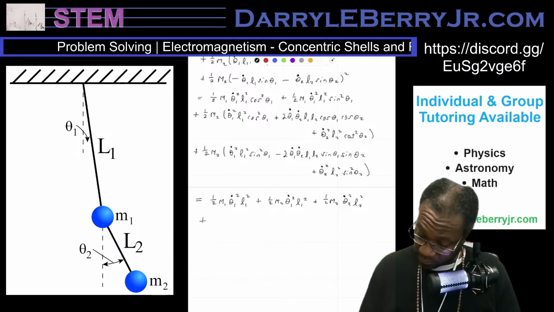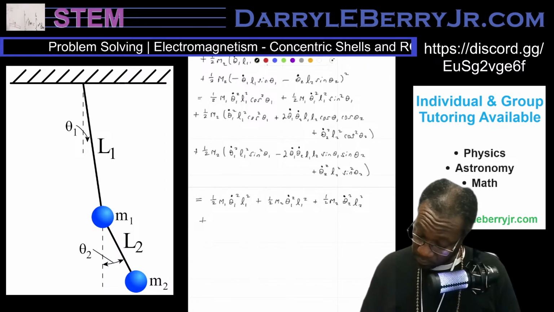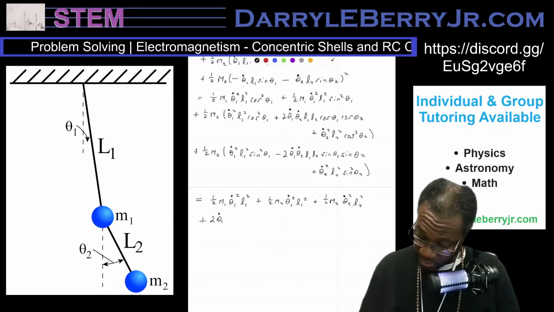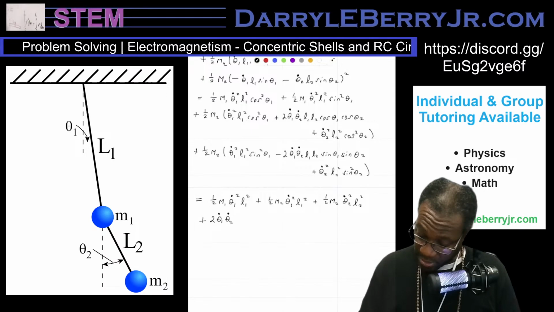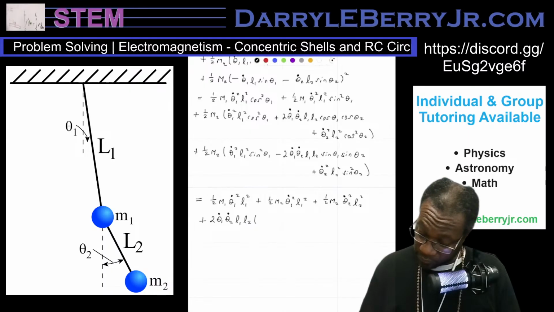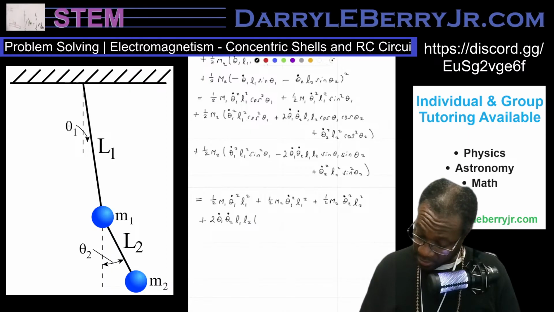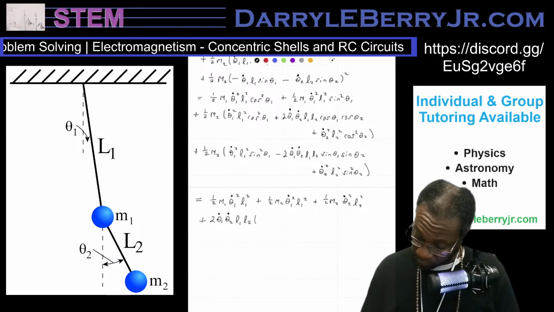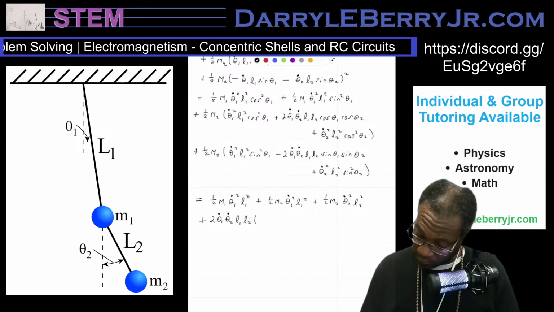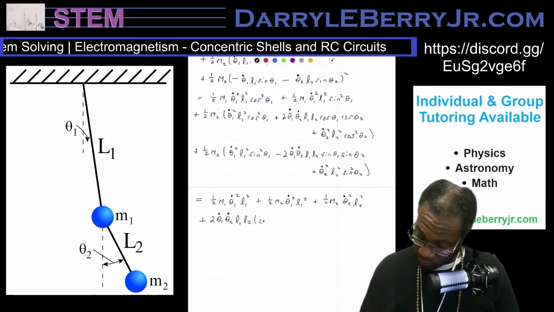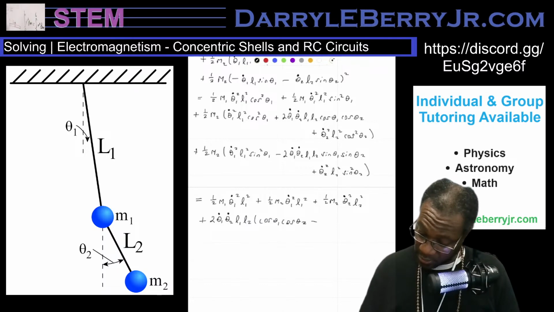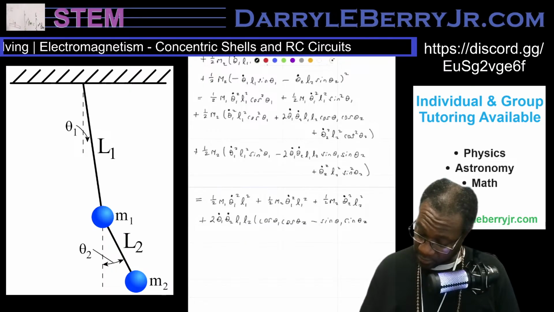We have plus m2 theta 1 dot theta 2 dot L1 L2 times cosine theta 1 cosine theta 2 minus sine theta 1 sine theta 2.